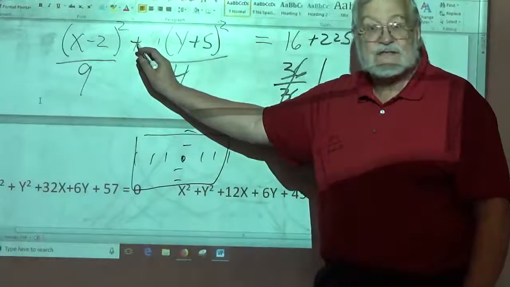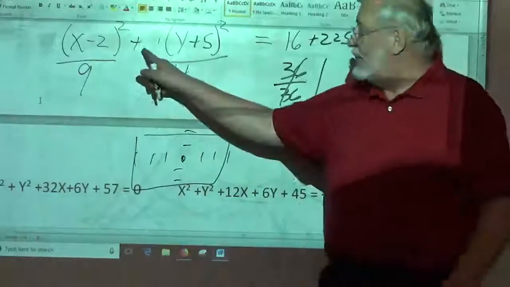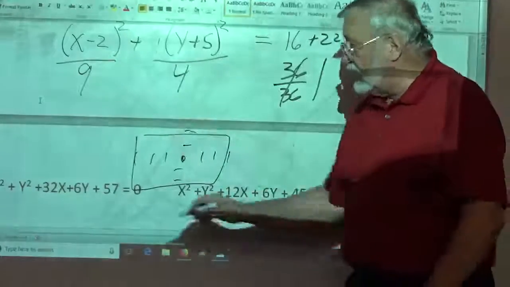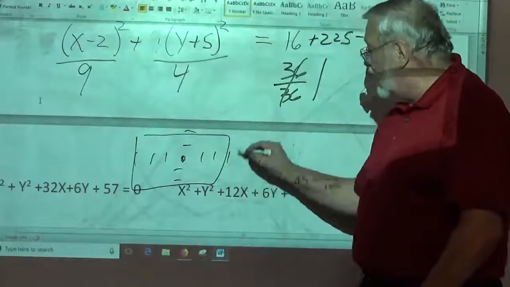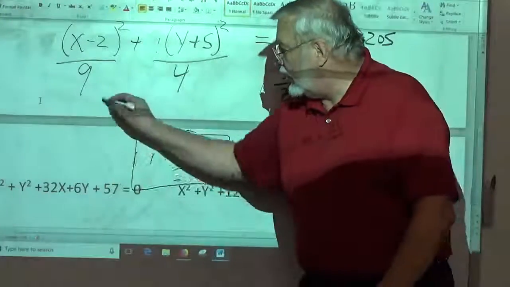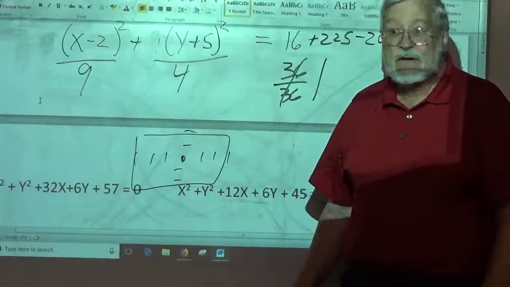Because this is plus, that means I'm on the inside, I draw my ellipse. Had that been a minus sign, then I would have drawn the diagonals, and because the x was first, I would have had my hyperbola opening on the x-axis. Okay, does that make sense?